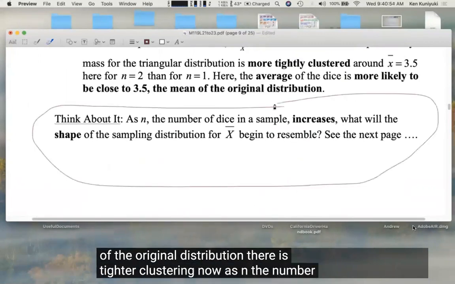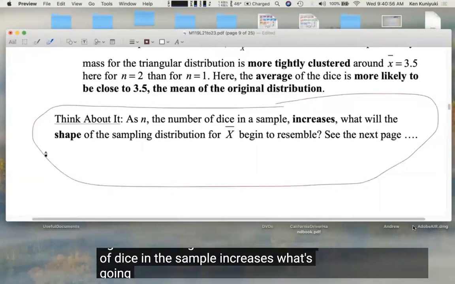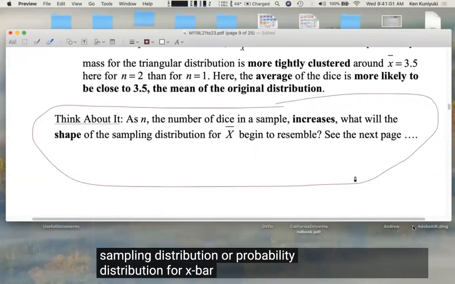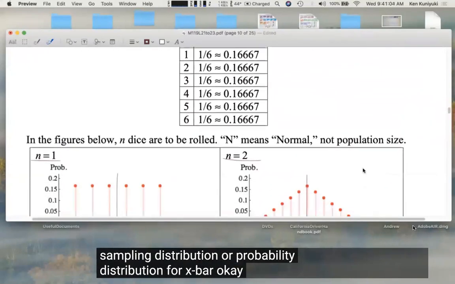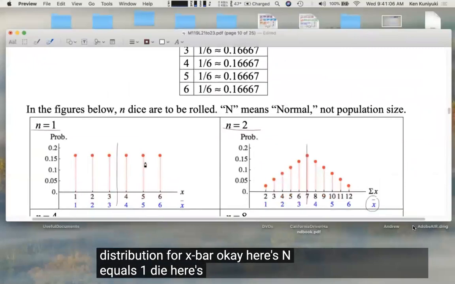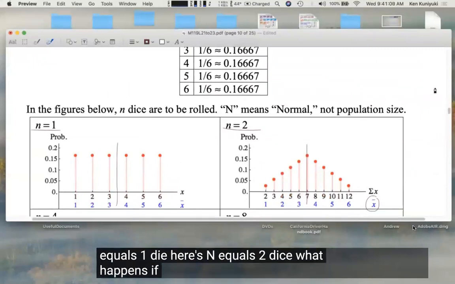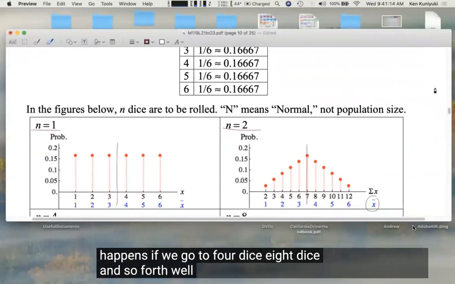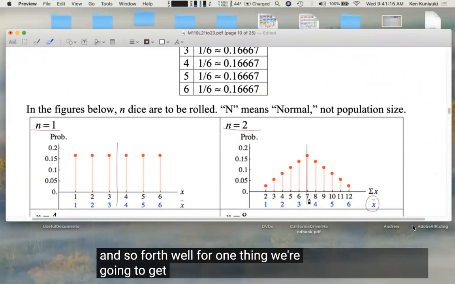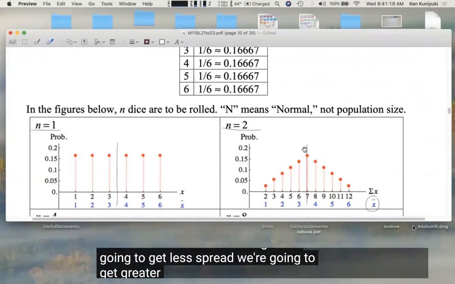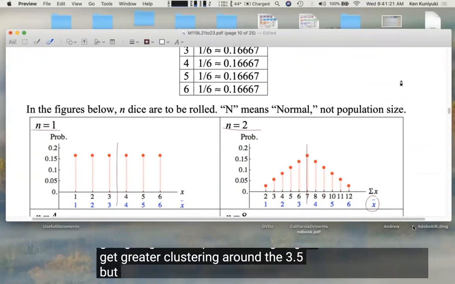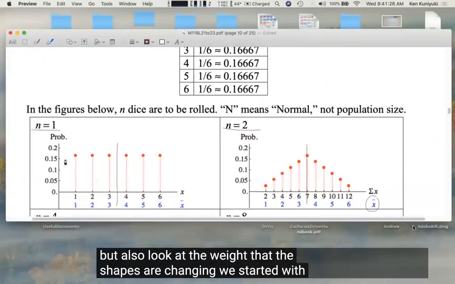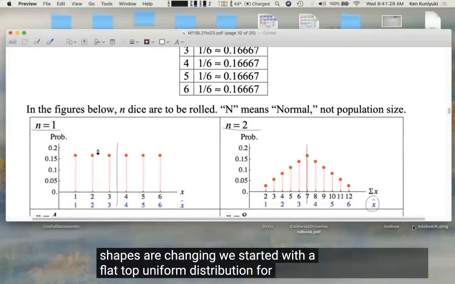Now as n, the number of dice in the sample, increases, what's going to happen to the shape of the sampling distribution, or probability distribution, for X bar? Okay, here's n equals 1 die, here's n equals 2 dice. What happens if we go to 4 dice, 8 dice, and so forth? Well, for one thing, we're going to get less spread. We're going to get greater clustering around the 3.5. But also, look at the way that the shapes are changing. We started with a flat top uniform distribution for n equals 1.